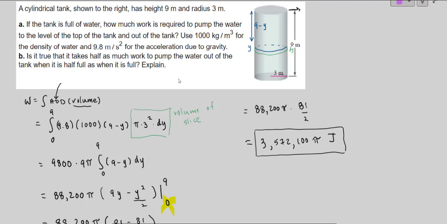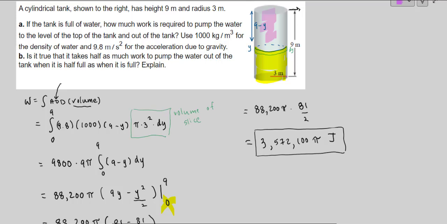Now part B here says, is it true that it takes half as much work to pump the water out of the tank when it's half full? And the answer is no. If we look at our tank, if we had just the bottom half of the tank filled, this half of the tank has to travel much further than the top half of the tank, right?